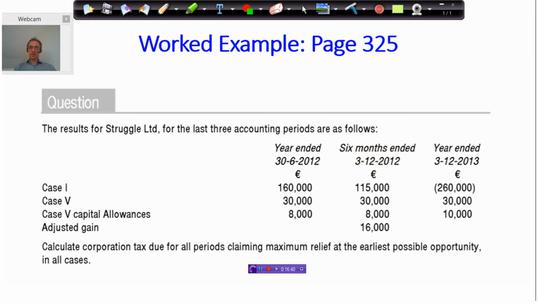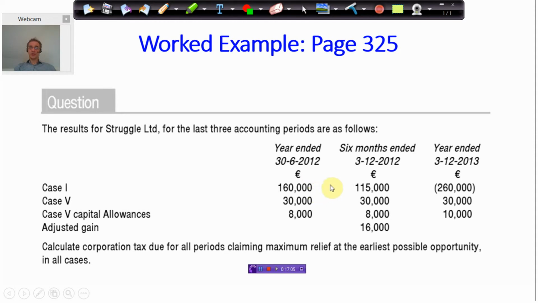So if the legislation allows us to go back more than 6 months, i.e. 12 months, then we're going to have to prorate these figures for 12 months. So we're really going to need 6/12 because we have 6 months here. We need 6 months worth of this.